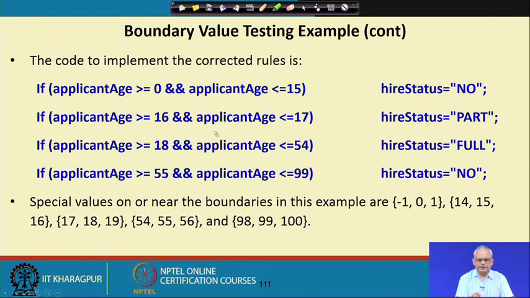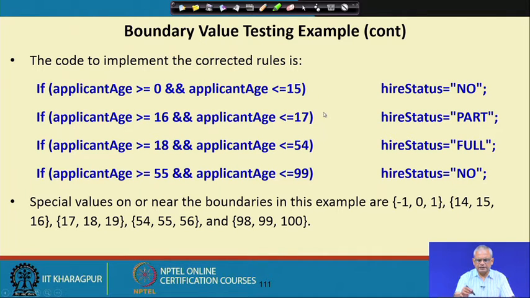Depending on the 4 equivalence classes here, we can define the boundary values. For the first one, -1, 0, 1, 14, 15 and 16. For the second one, 17, 18, 19, 17 at the boundary of this.